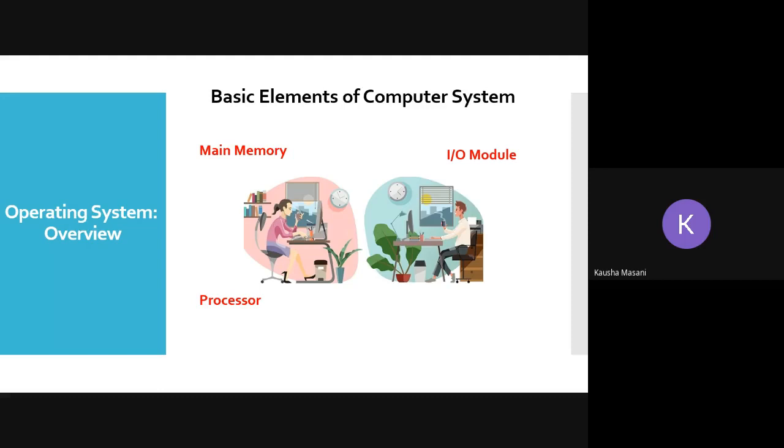And another thing the processor does is your ALU, that is your arithmetic logic unit, processing your arithmetic data. So this processor basically is responsible for two things: the control unit, which controls all the operations, and the ALU, the arithmetic logic unit, which processes your data. So this is one section.